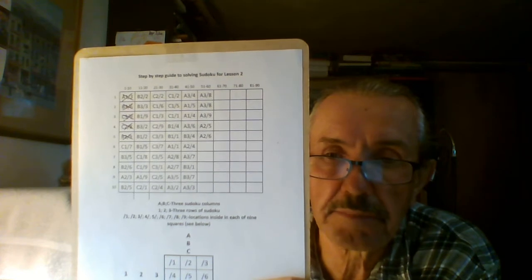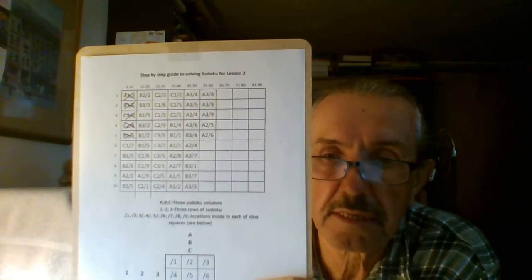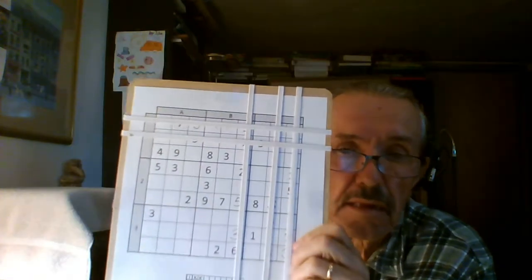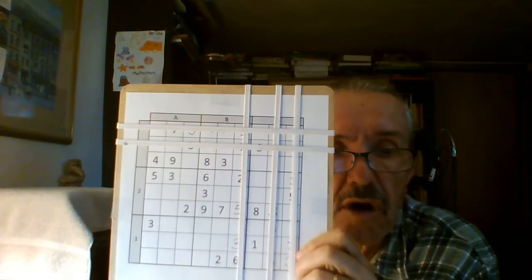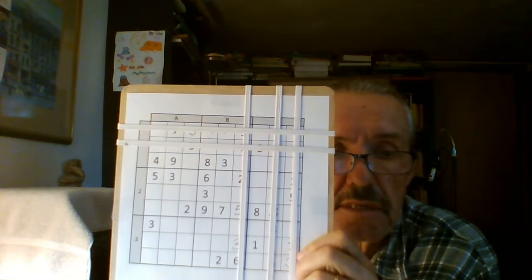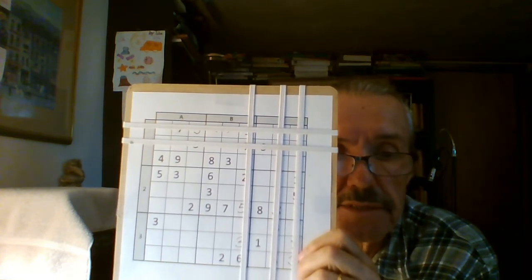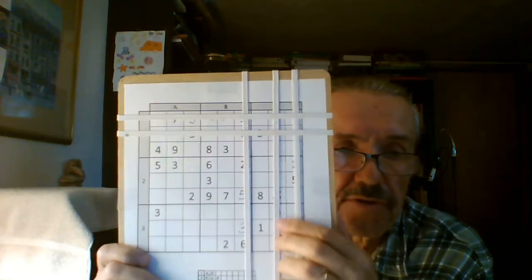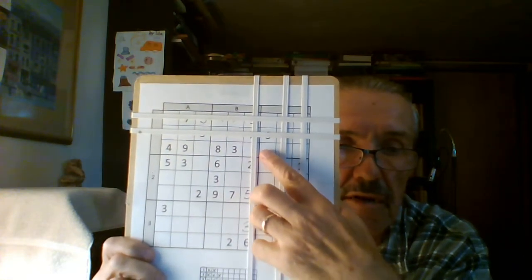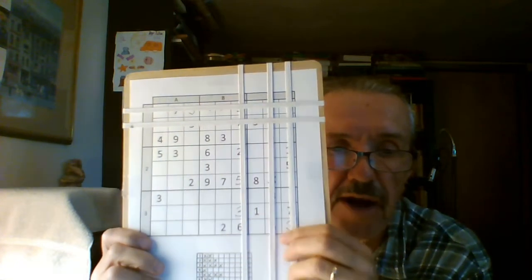Next step will be C1/7. C1/7 means that C is the column, 1 is the row, and /7 is the location. This will be this square C1. As you see, this is location 7, and we're looking for number 5.